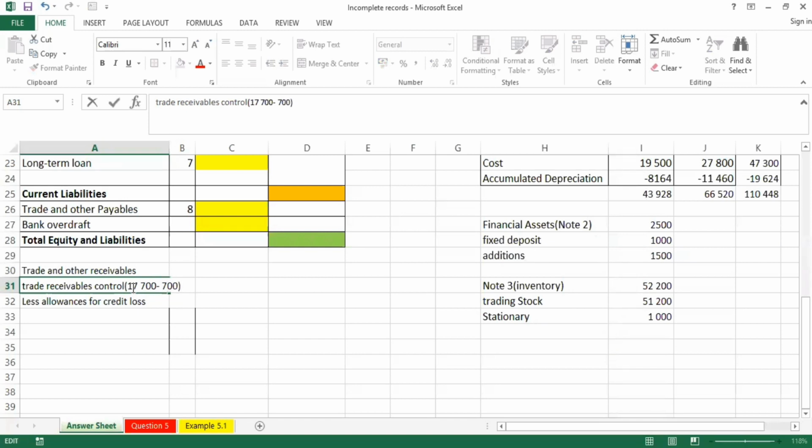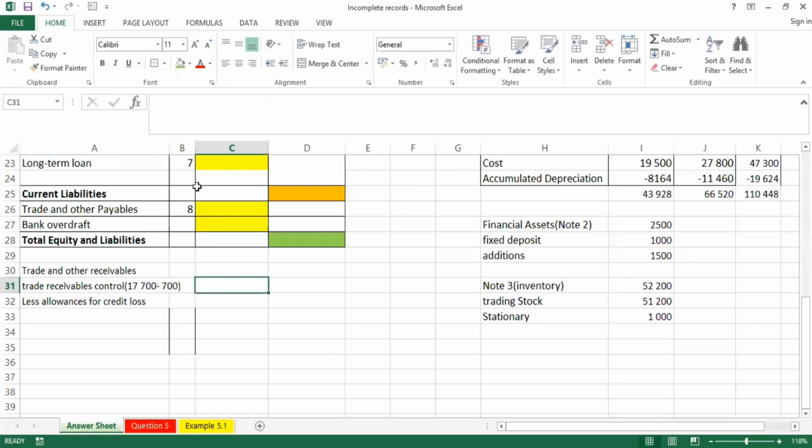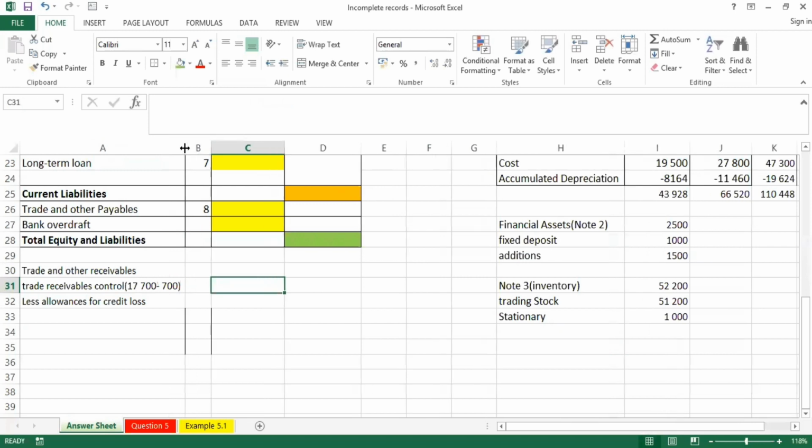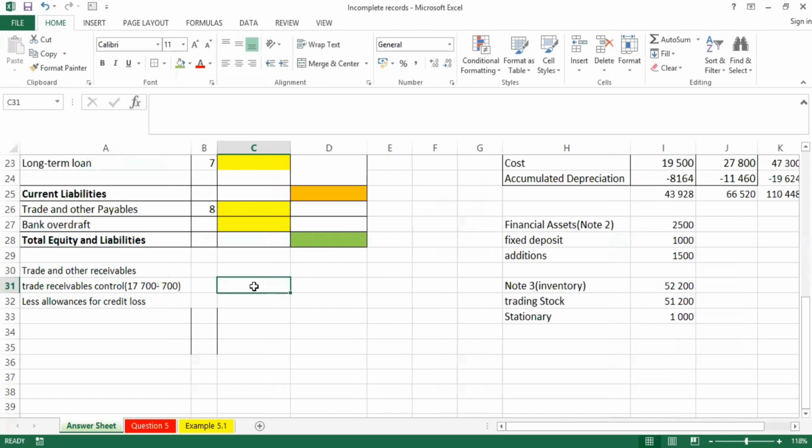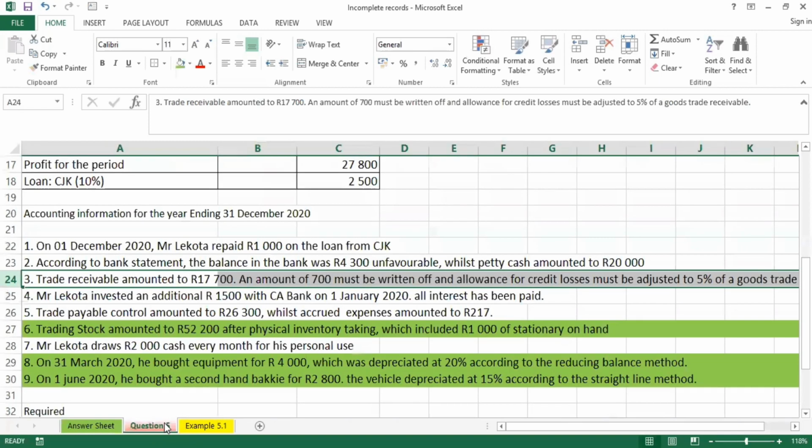Then we close the bracket in order to get our total for trade receivables control, which is 17,000. Okay, so we're done with that part. Then we continue checking what they tell us. And then they tell us that the allowances for credit losses must be adjusted to 5% of good trade receivables.